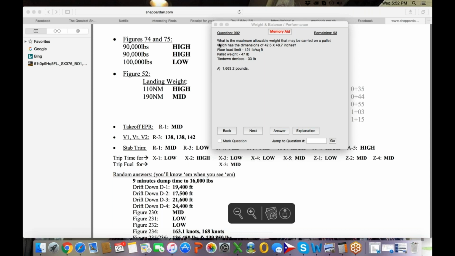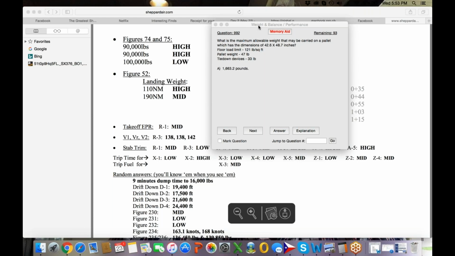So this question is asking, what is the maximum allowable weight to be carried on a pallet which has the dimensions of this? And you can see here that it's referencing the memory aid, right? So whenever you see this memory aid pop up, that means the memory aid will have the answer.